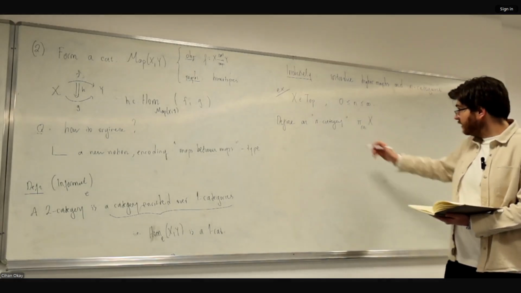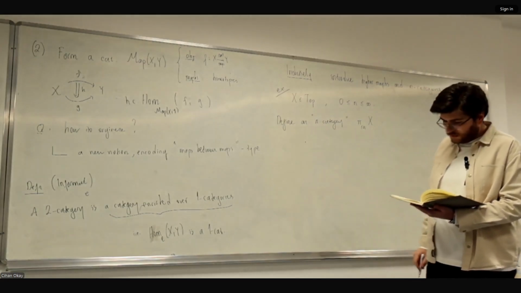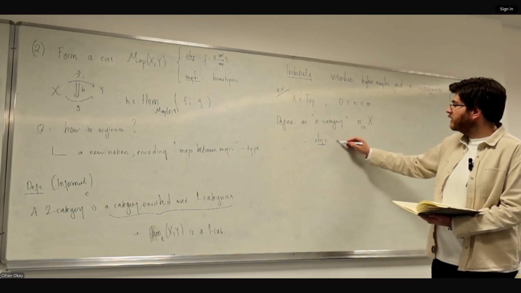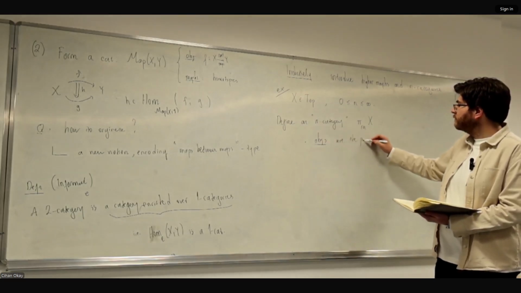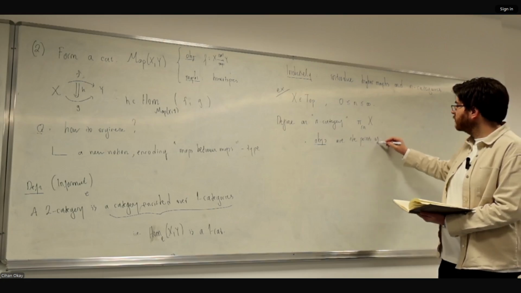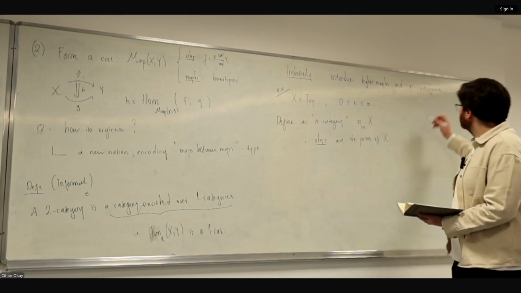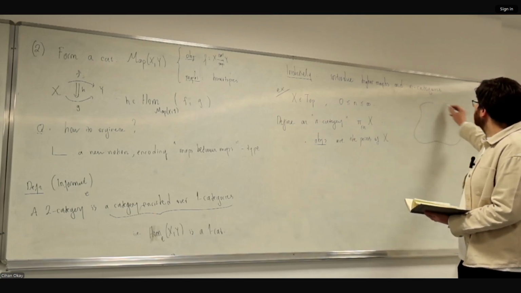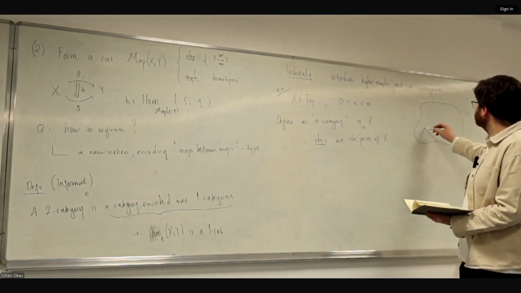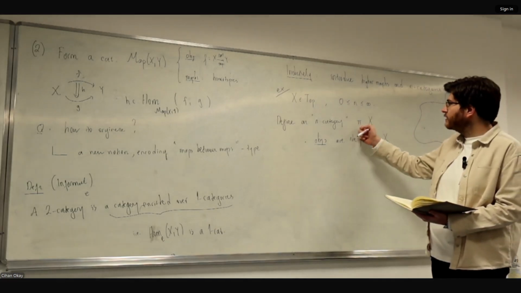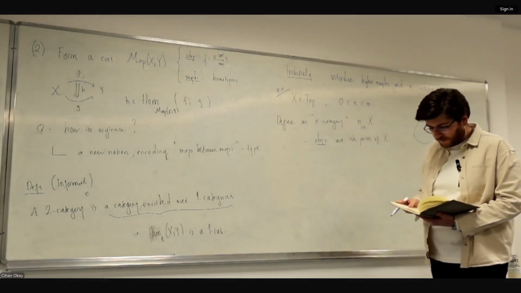Here is the definition. First, our objects are the points of X. So it's like you have this topological space X, and your points are objects of that thing. Later we will call it n category.